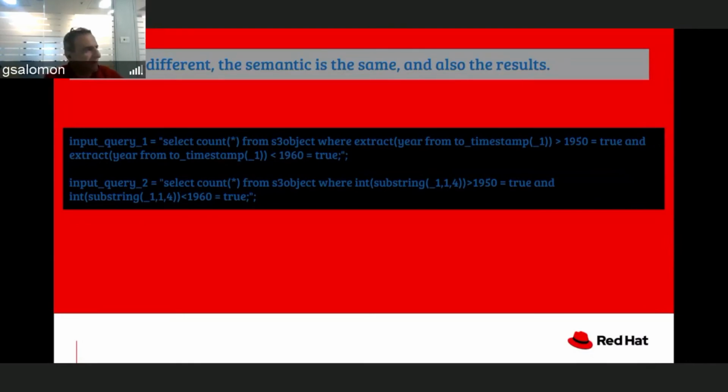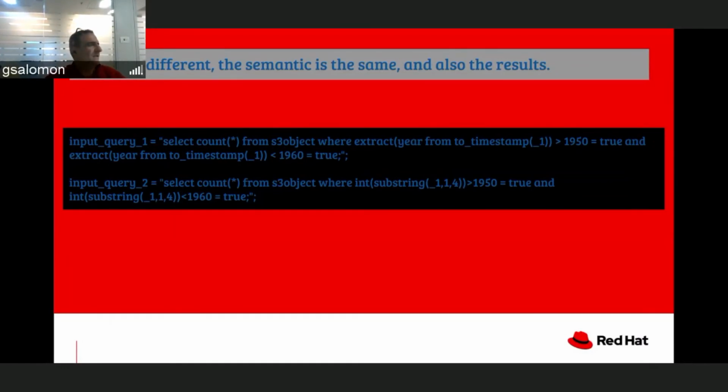For one example, you can see here two SQL statements, and they are very different. In this case, they are very different in the workloads. One is using timestamp functionality, and the other one is using string functionality. And still, they must return the same result for any random input. In that way, we can verify that these two statements operate correctly.